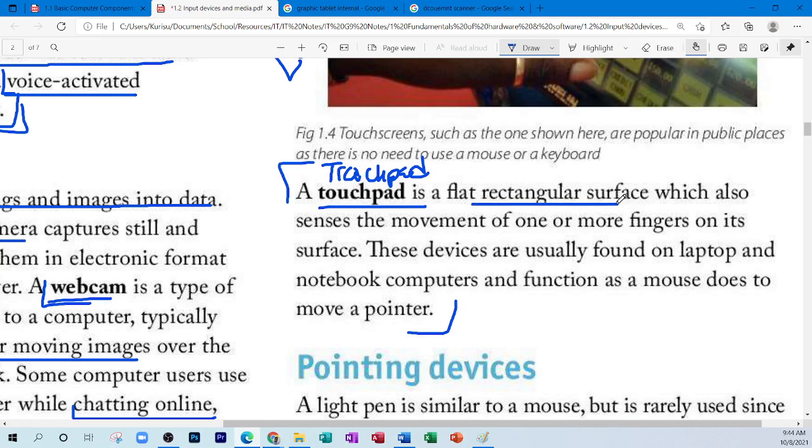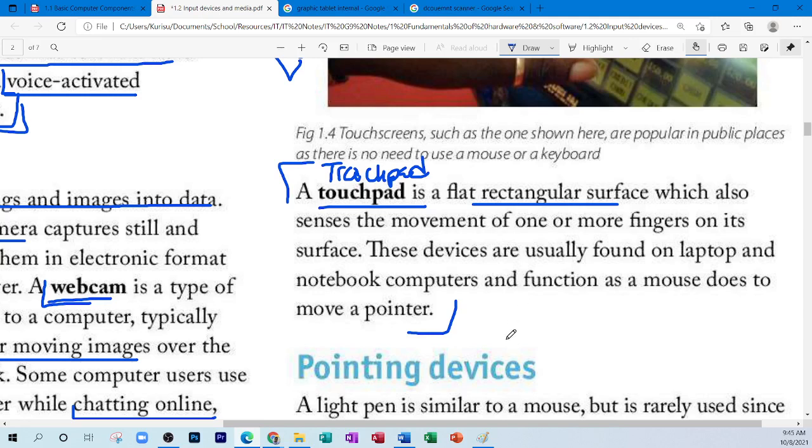It's a flat rectangular surface that detects the movement of your finger. So it's usually on your laptops, that flat surface that you move your finger across, and it moves the cursor on the screen.